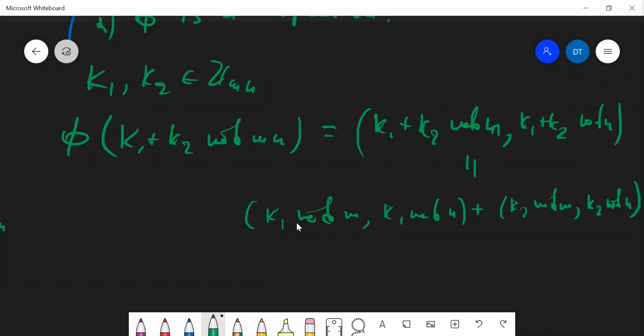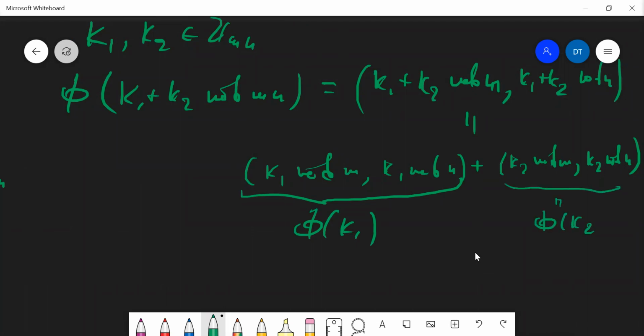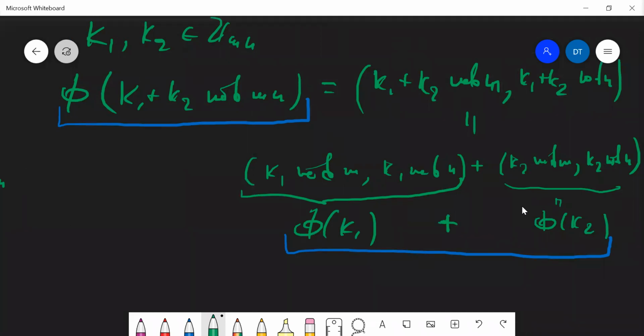You need to add these two components together, and these two components together. But then, by definition of phi, this is just phi of k1, and this is just phi of k2. So we have this equality: phi of the sum equals phi of k1 plus phi of k2. And this exactly means that phi is a homomorphism, so phi preserves the operation.